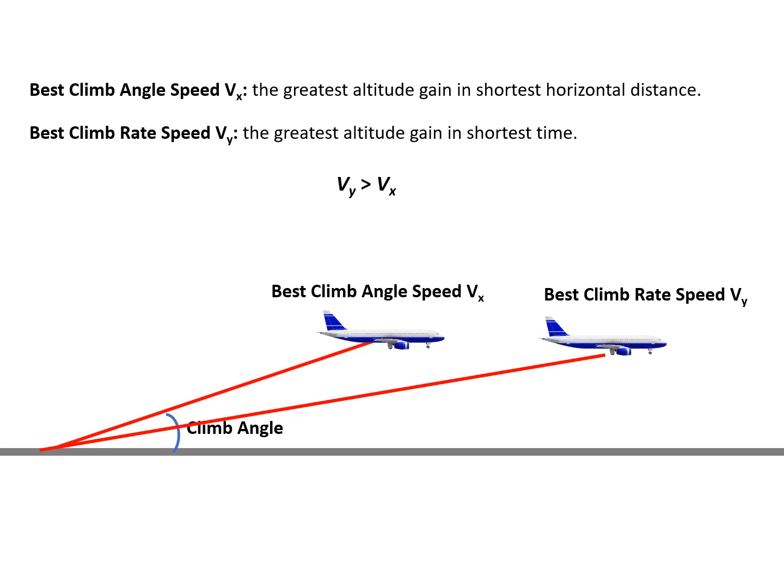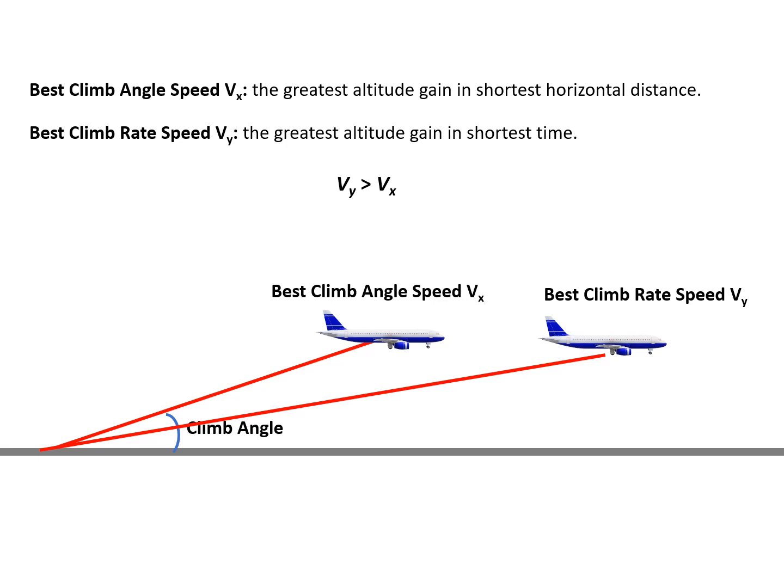We already know in the previous lecture, there is a best climb angle speed Vx. If the aircraft is flying at Vx, it has the greatest altitude gain in the shortest horizontal distance. And similarly, we have the best climb rate speed. We define it as Vy.